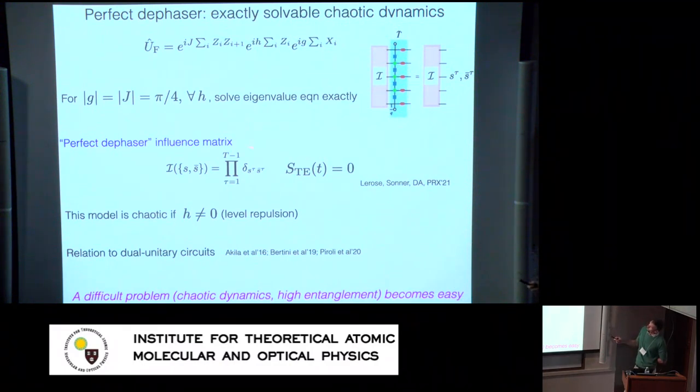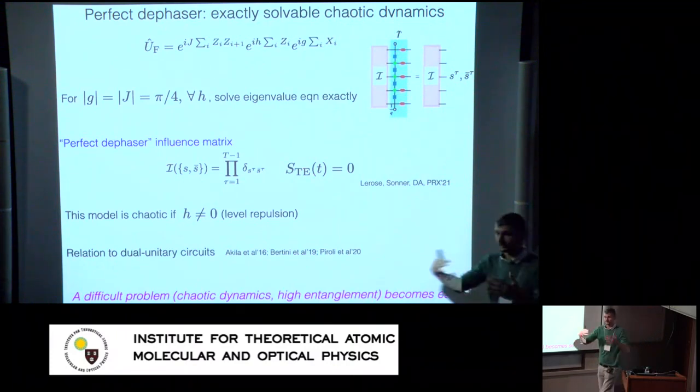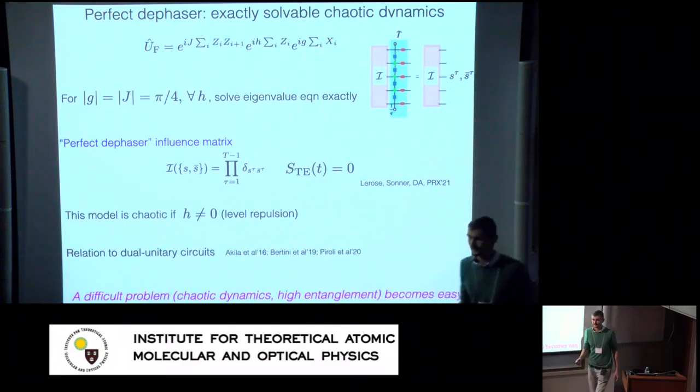But once you take the influence functional point of view, since we are working with discrete time influence matrix, it turns out that there is a point, for a particular choice of parameters g and J, where you can find the influence functional exactly, even though the model itself is chaotic, so spatial entanglement will be very high.